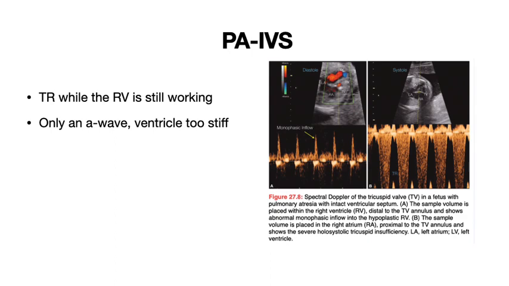The other thing you may notice is that the inflow, the E and A wave of the inflow, are disturbed and they become monophasic. Anytime you have a stiff ventricle, you're probably going to have a monophasic flow, meaning nothing flowed in all by itself in early diastole. It had to be jammed in there by the atrial kick.